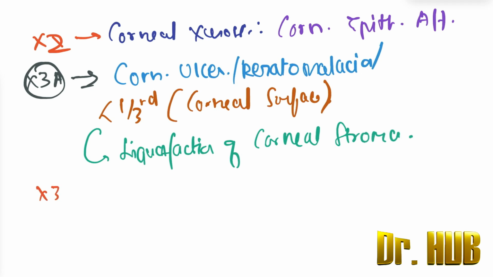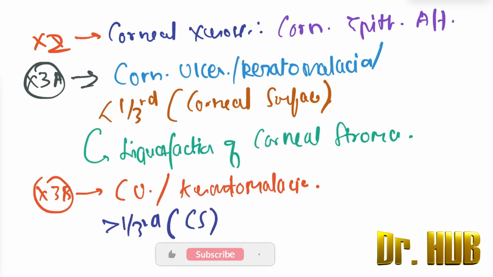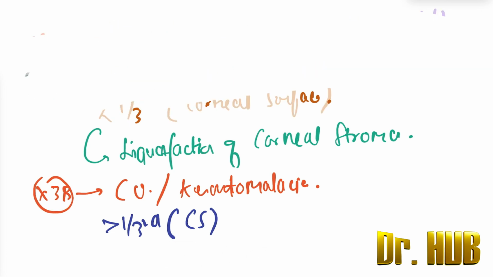Then we move on to the X3B. X3B is again corneal ulceration and keratomalacia, and here it affects greater than 1/3 of the corneal surface. Next we look at the XS.